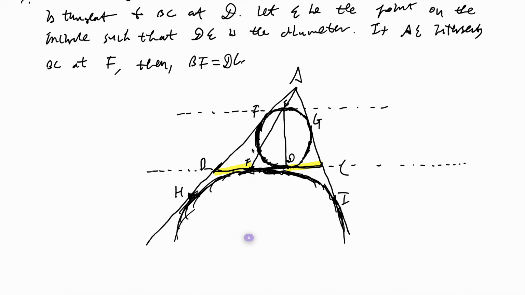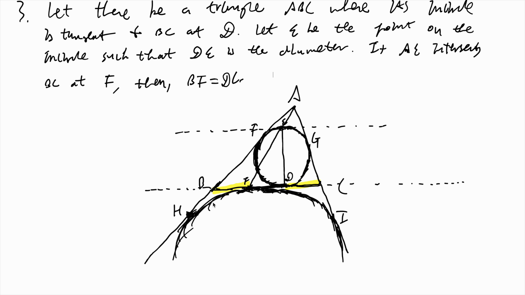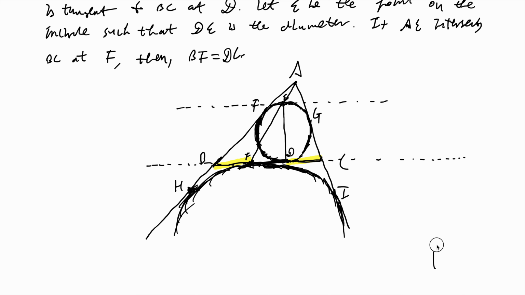So E is the highest point, and we also know that F must be the highest point, and that the highest point on the circle must be tangent to BC by construction. Cool. So if we construct it like this, we know that the line AF exists. So what we just proved verbally is that the line AF exists. And now because line AF exists, and by our second lemma, this is an if and only if condition, BF is equal to CD. So that completes our proof.